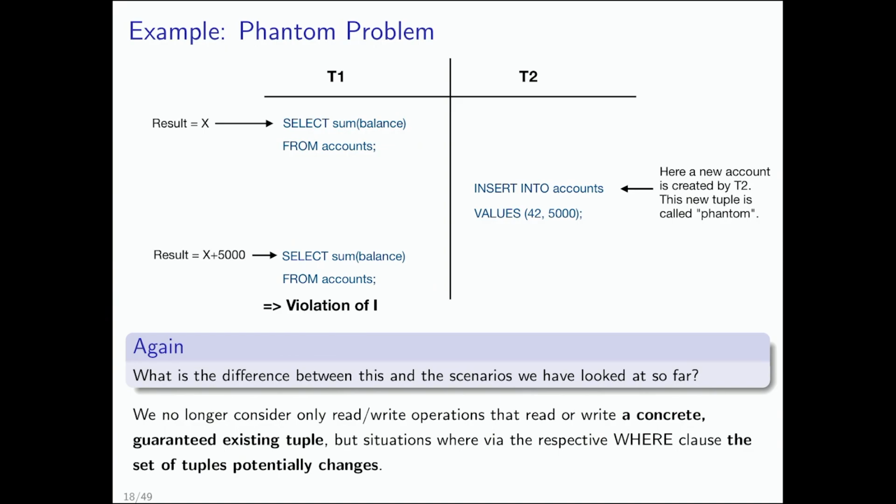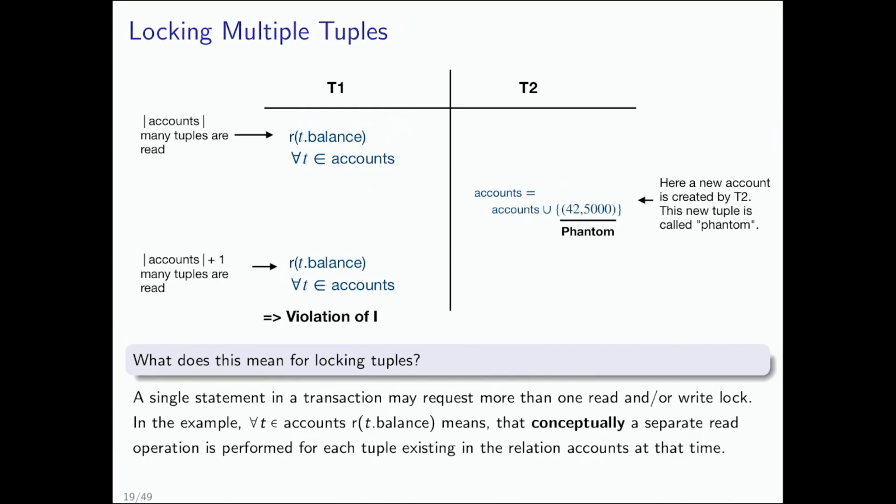So the phantom problem occurs because we're selecting multiple tuples here. In this case, the entire accounts relation, all the tuples from that relation. And here's a more detailed explanation with a more mathematical notation.